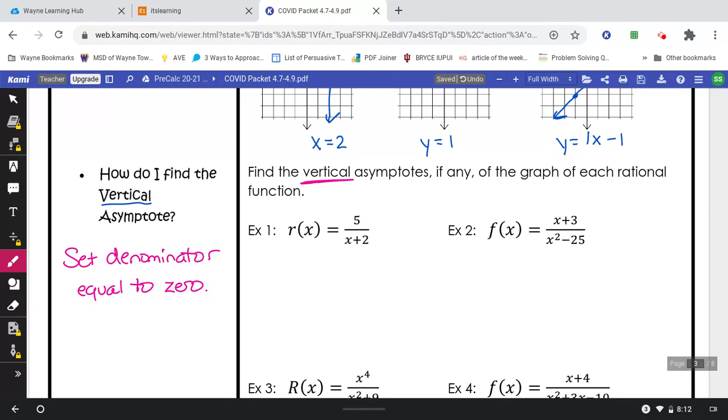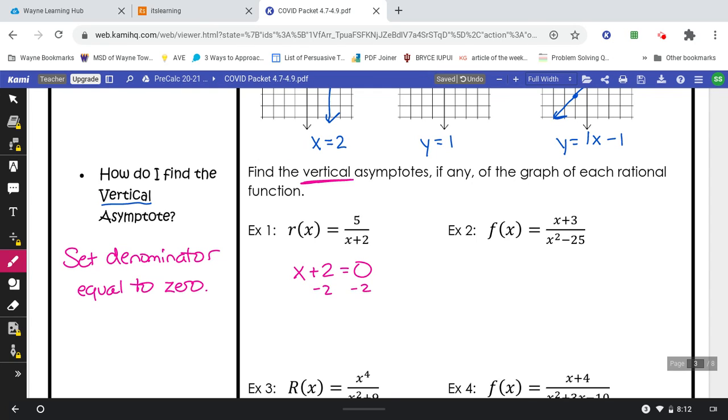All right, so example number 1 says r of x equals 5 over x plus 2. Because all I have to do is set the denominator equal to 0, the 5 is not going to matter for finding the vertical asymptote. It's going to come into play later when we actually start to graph it. For now, I take my denominator, x plus 2, and I set it equal to 0.